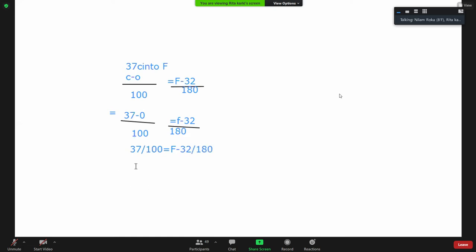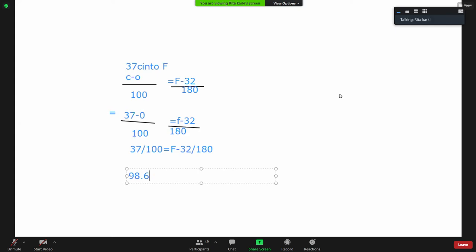We have to bring F to the left side, so F is equal to 37 divided by 100 into 180, plus 32. The answer is generally 98.6 Fahrenheit. You can do the calculation yourself.